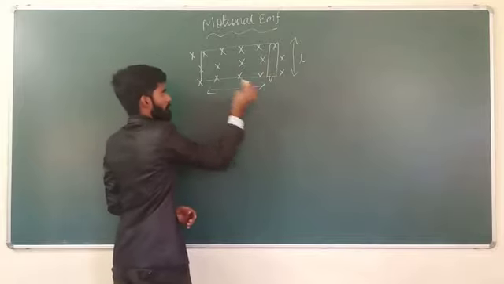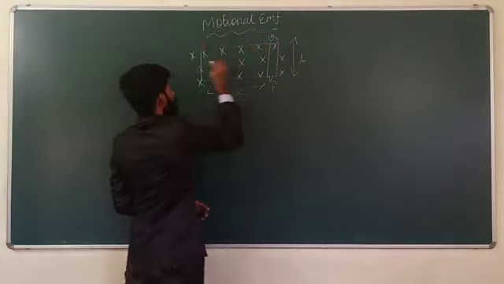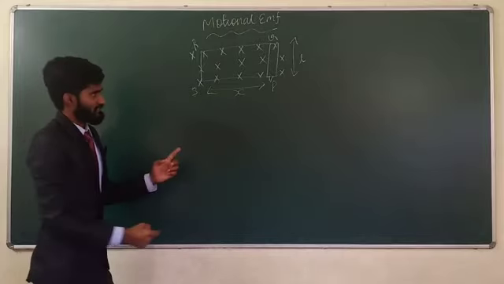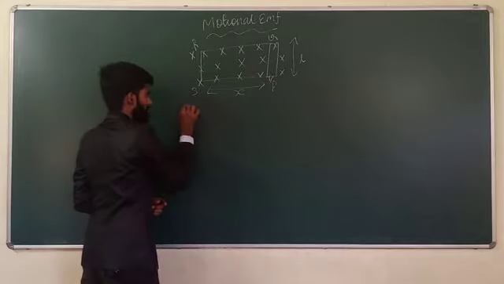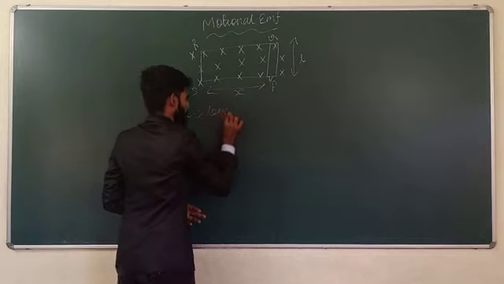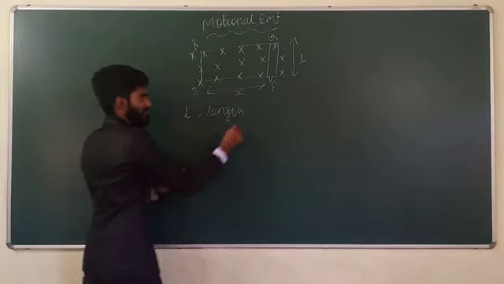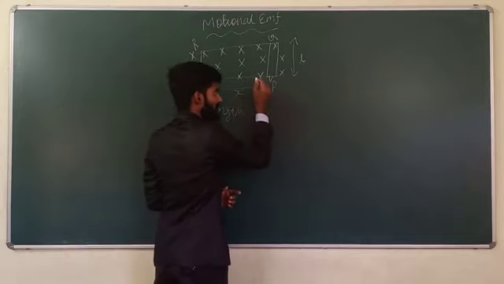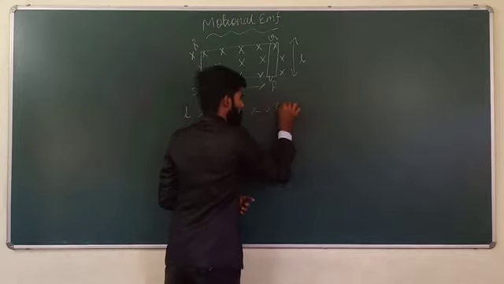And the total setup we are going to name PQRS. In this conductor, as I already told, L is the length and x is the distance the conductor can move in the magnetic field.